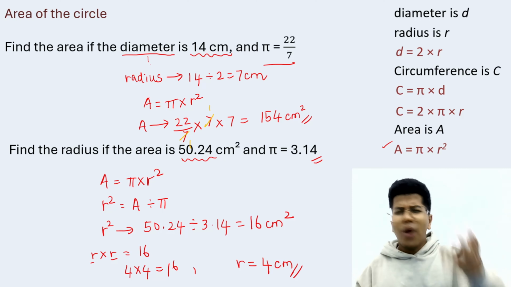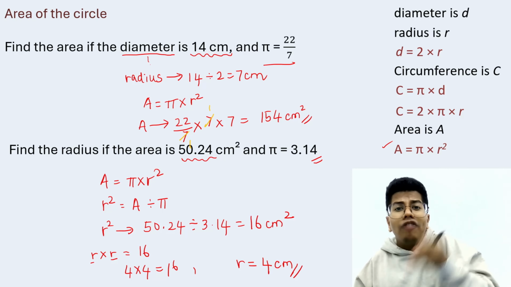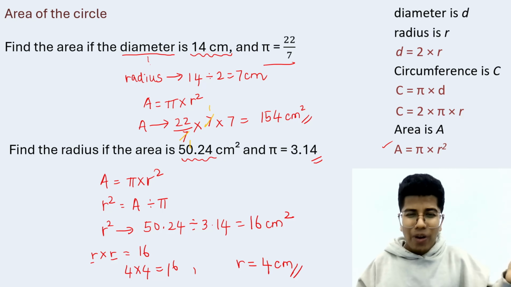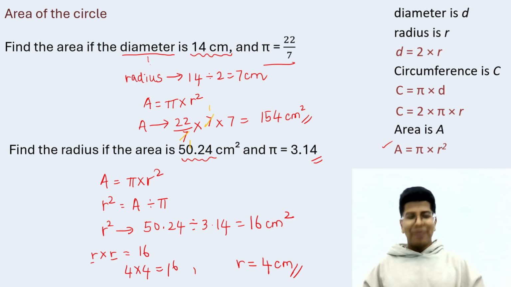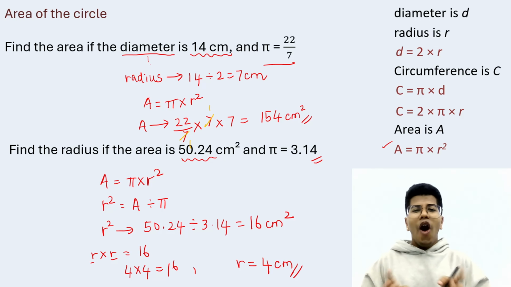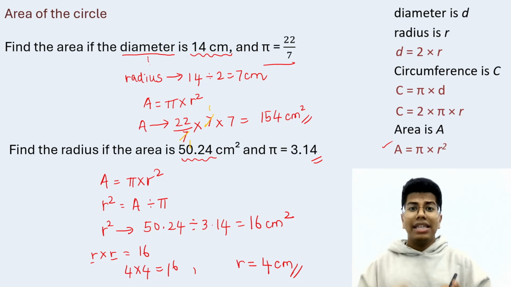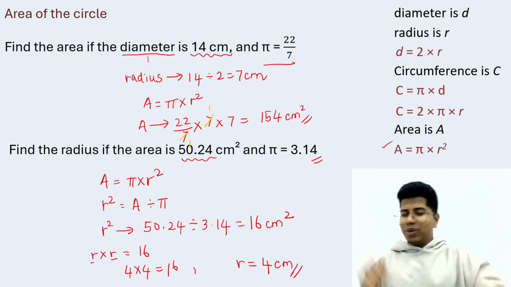Or else you can also say it as root of the number. That is, root of 16 is nothing but 4. So, whichever way is convenient, you can use to get the answer. So, if radius is given, we can get area. If area is given, we can get r square to get the answer.